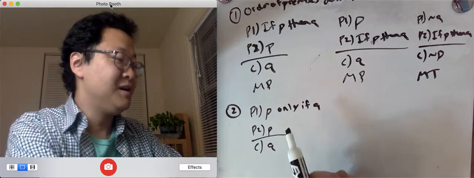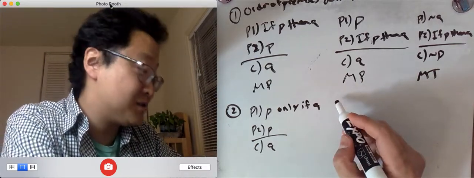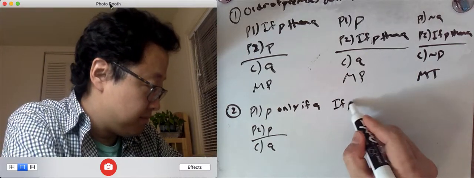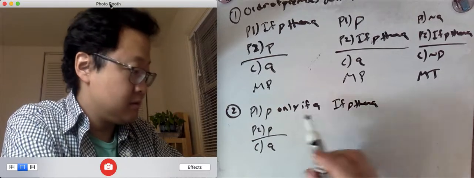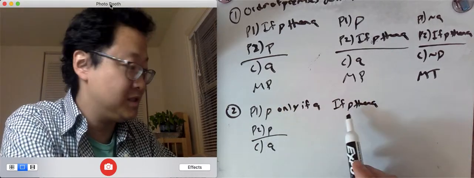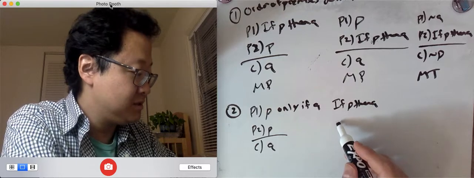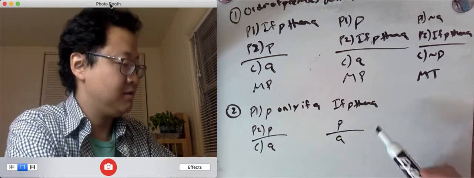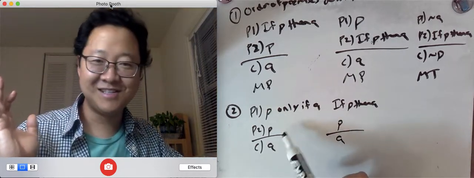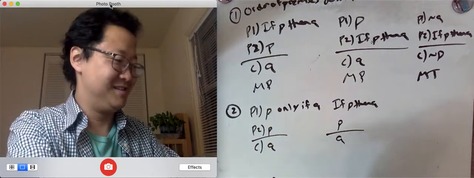Well, remember, P only if Q just turns straight into if P then Q. So premise 1, P only if Q, is just saying if P then Q. Premise 2 is still saying P, therefore Q. Aha! This is modus ponens.